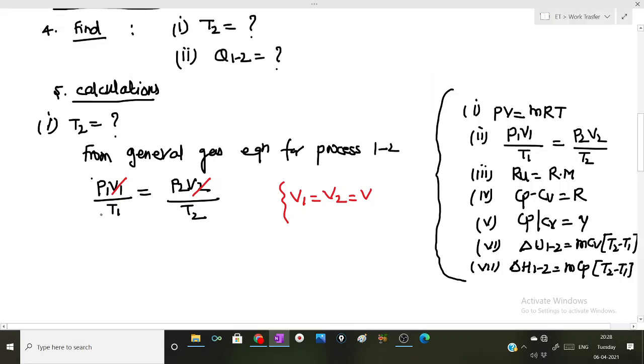So let us put the values of P1, P2, T1, T2. P1 is 10 to power 6, T1 is 523 Kelvin. P2 is 3.5 into 10 to power 5 Newton per meter square. T2 is to be calculated.